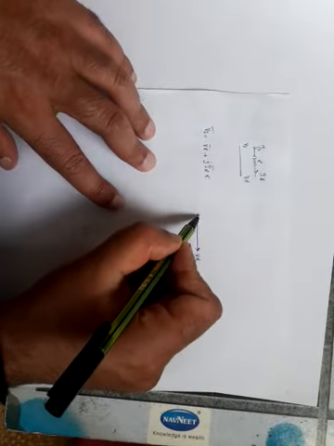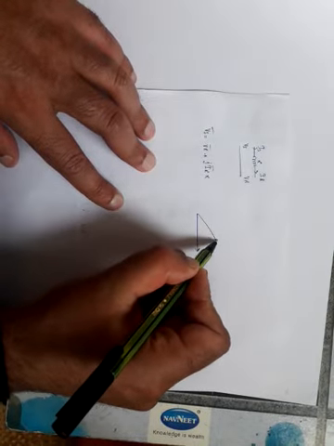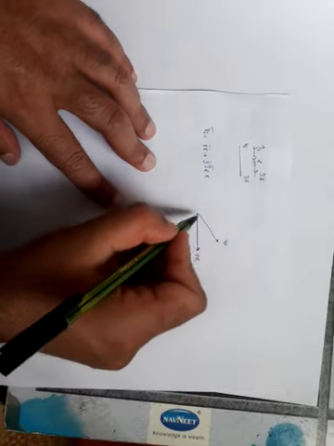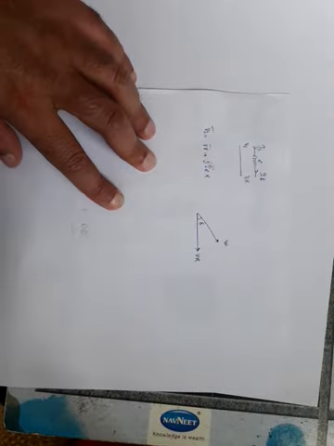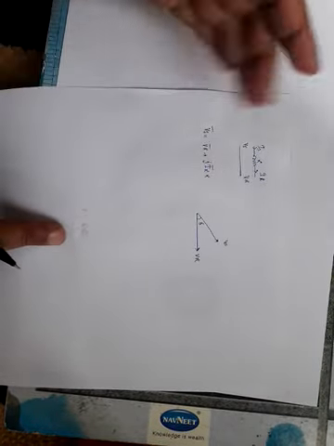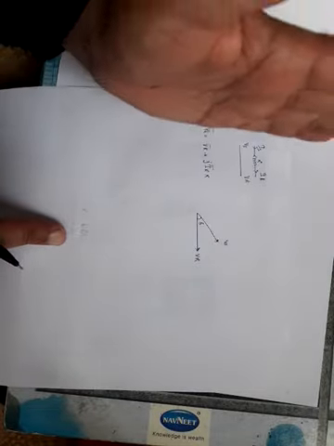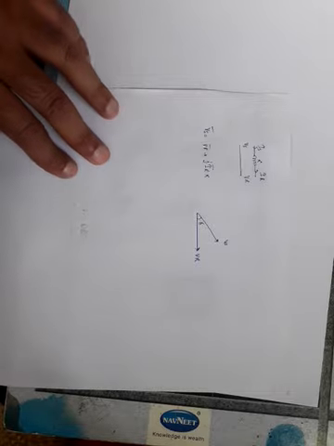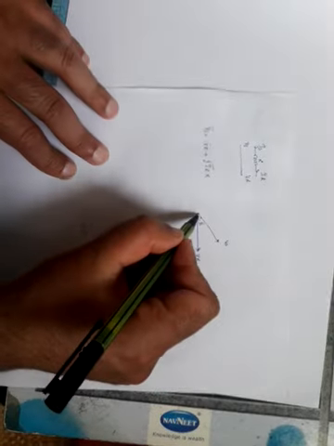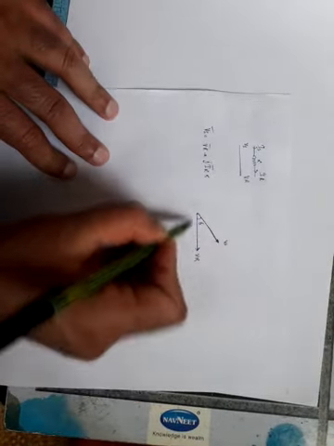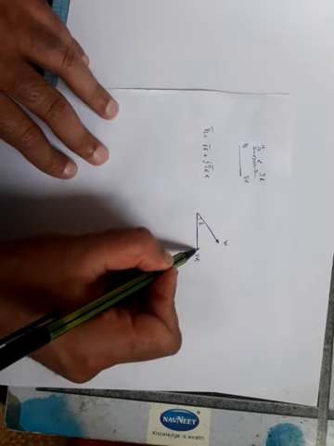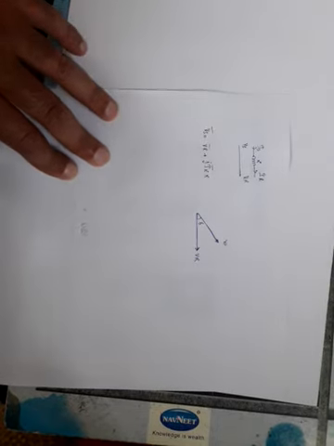That means we are drawing this Vs at an angle of delta leading to this VR, assuming that power is transferring from Vs to VR, or we can say from sending end to receiving end. And now for voltage regulation equal to 0, the length of this Vs and the length of this VR should be same.